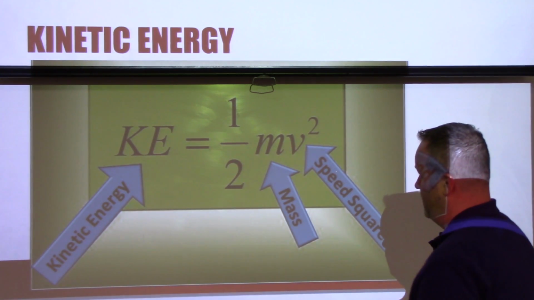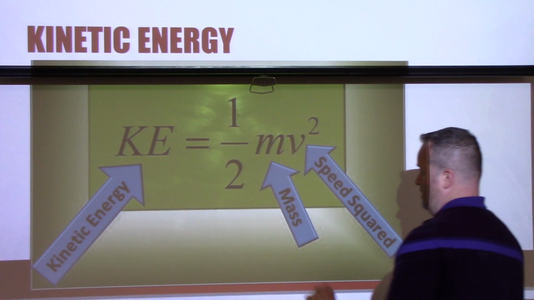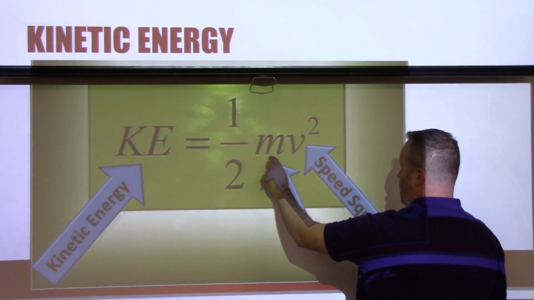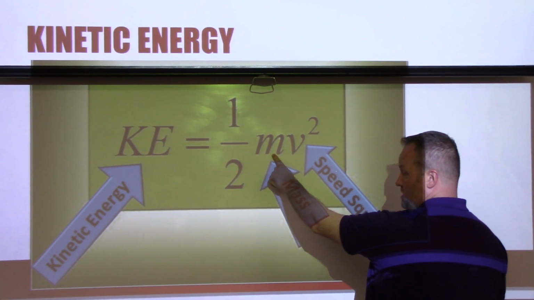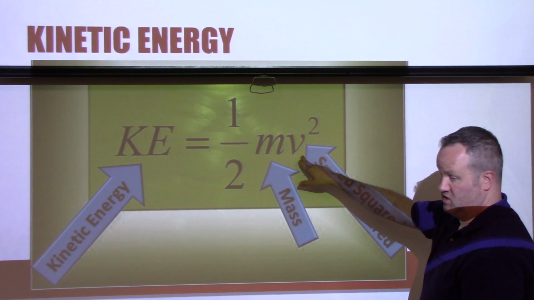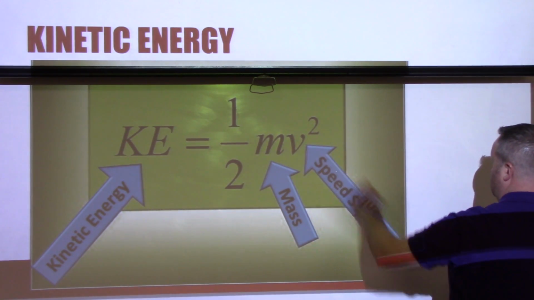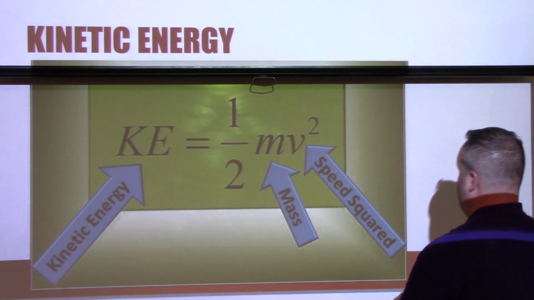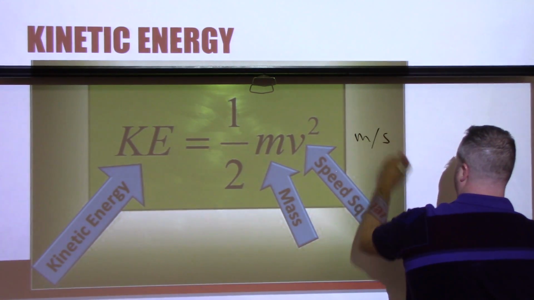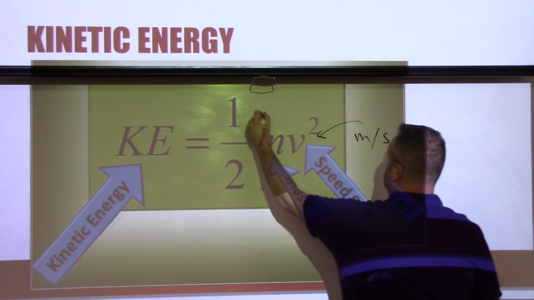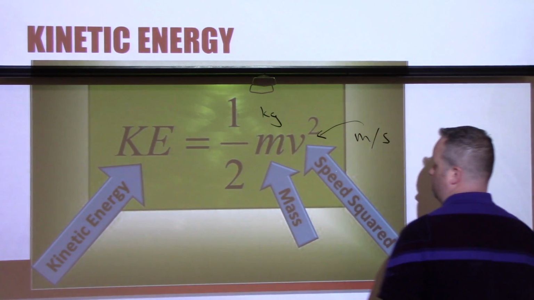I want to talk about what they are, but let's look at what we're multiplying here. Kinetic energy is 1/2, or you could call this 0.5, times the mass. And that mass needs to be measured in kilograms. And then it has the speed, or velocity, squared. The unit for velocity for us is going to be meters per second, and we write that as m/s. Our mass, again, needs to be in kilograms.